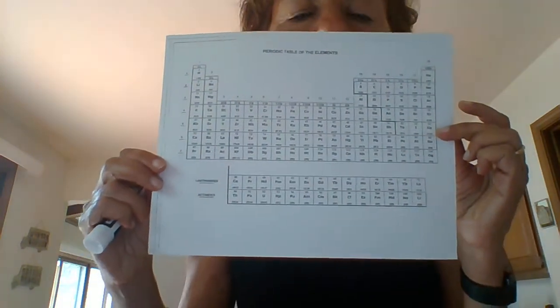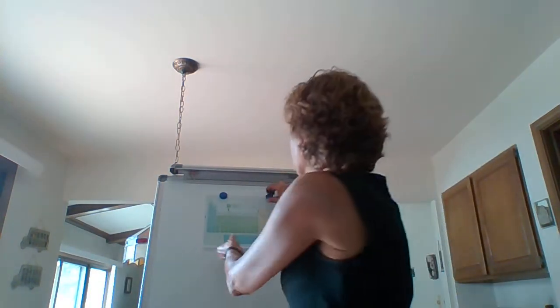All right, there are 118 elements. 88 of them are naturally occurring, and 30 of them are man-made. The periodic table, that is going to be your absolute best friend this semester, has all 118 elements. Here we go. I don't know if you can see this really well. You might want to print out a periodic table.